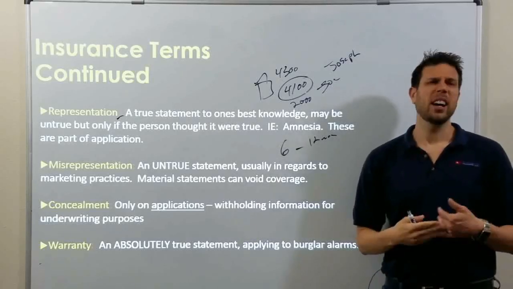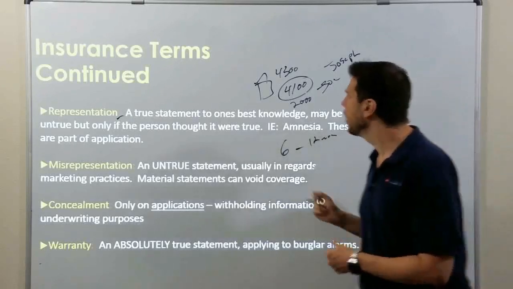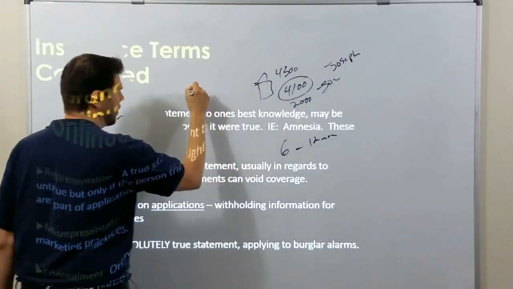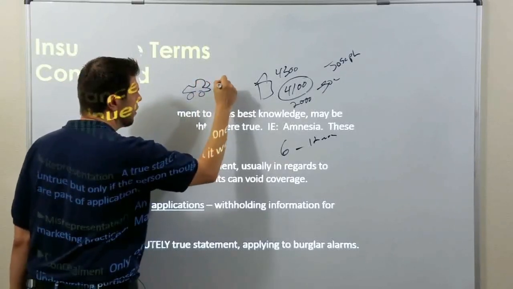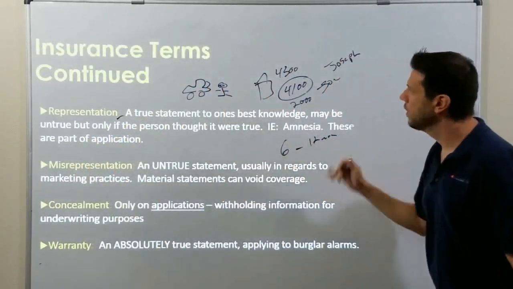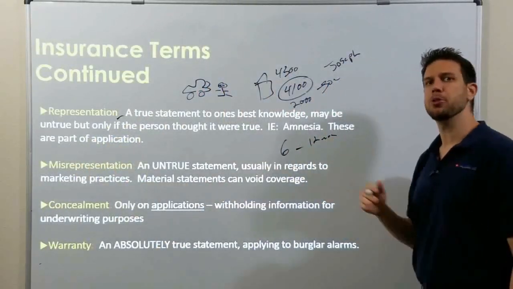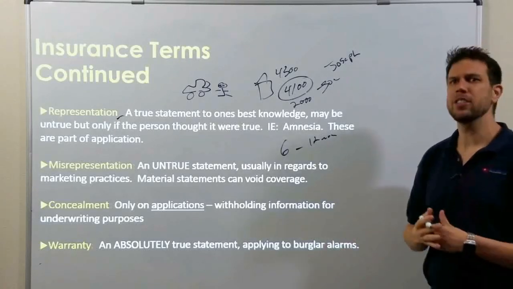Now let's say, for example, you're driving your car and you get into an auto accident and you hit your head. So you now have amnesia. Tomorrow, you try to buy insurance, and they ask you, have you ever had any speeding tickets?